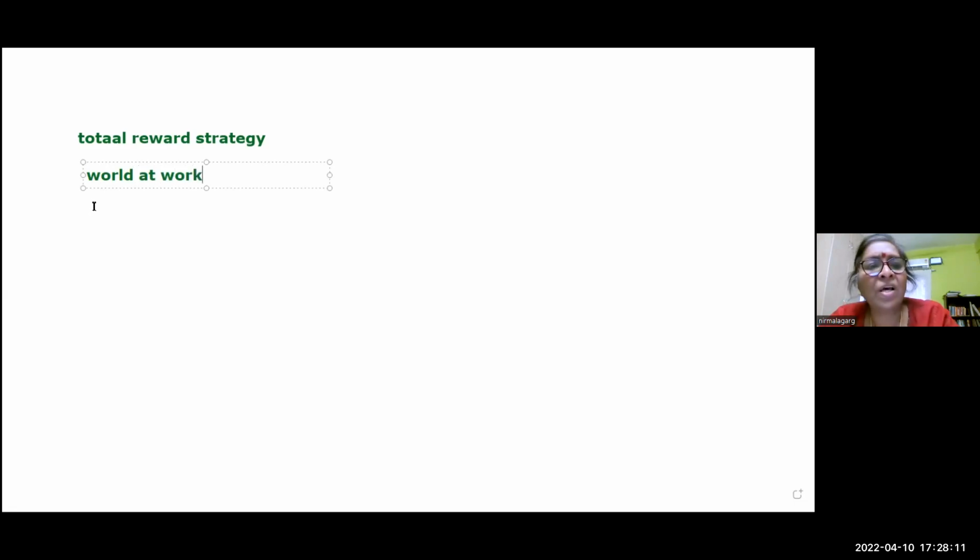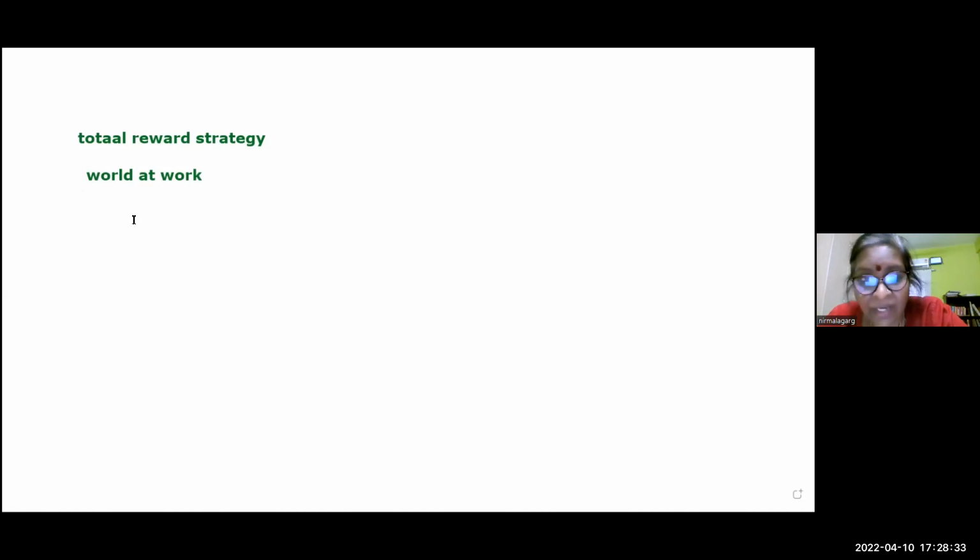This is a large non-profit body which says it is not just compensation, benefits, variable pays. It is everything right from the time a person joins the organization till the time the person exits. So it's the entire employee life cycle.